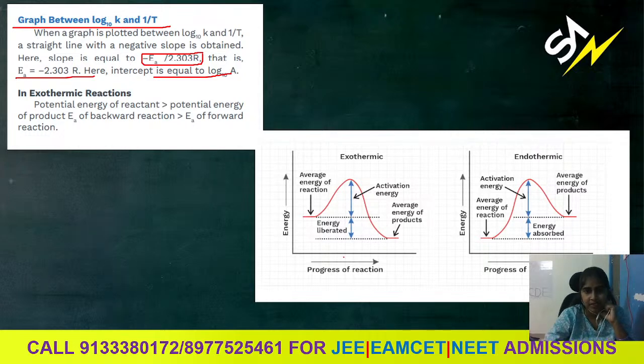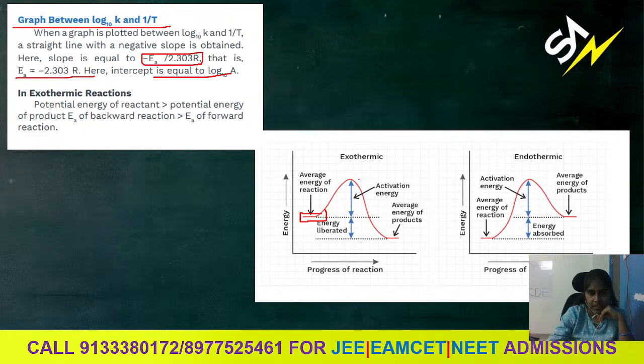Suppose we take the graph for exothermic and endothermic reactions, when we apply activation energy, how does the graph change for exothermic and endothermic reactions? On the x-axis we take the progress of the reaction, on the y-axis we plot the energy. Here is the energy of the reactants.